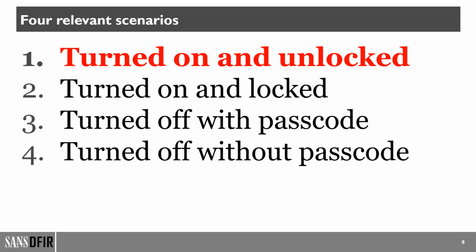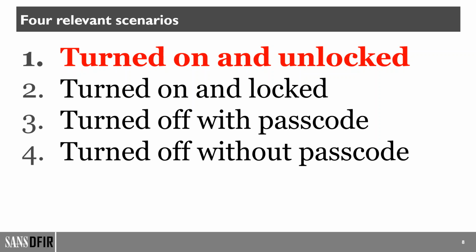The first one is the scenario in which the device is turned on, and at the time in which it is seized, it's unlocked. Unlocked means that you can have access to the settings, you can move through the various applications of the iOS device.